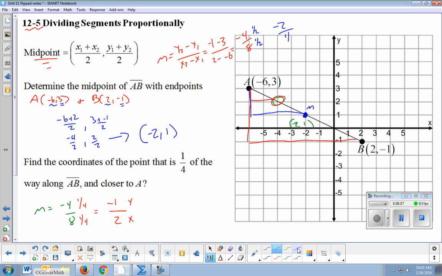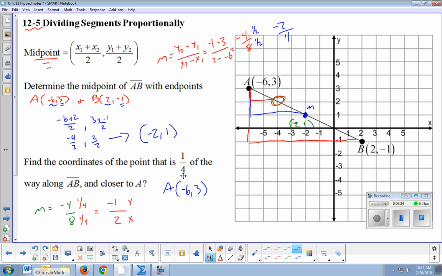Algebraically, I would take the coordinate of point A, which is negative 6, 3, and I can, again, change the y value by negative 1. Here's the mistake a lot of students make. We saw this when we were doing perpendicular slopes. I'm going to apply these numbers to this coordinate, but a lot of people want to take the top number and put it here and the bottom number and put it here. That's not correct.